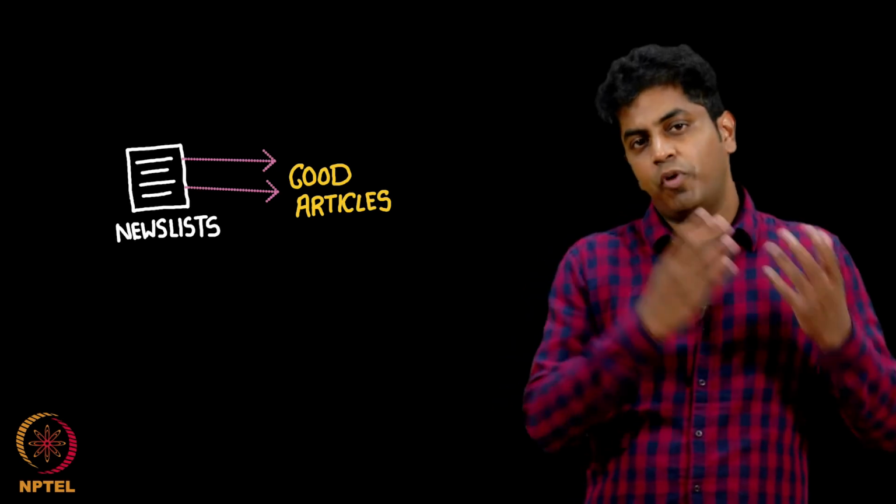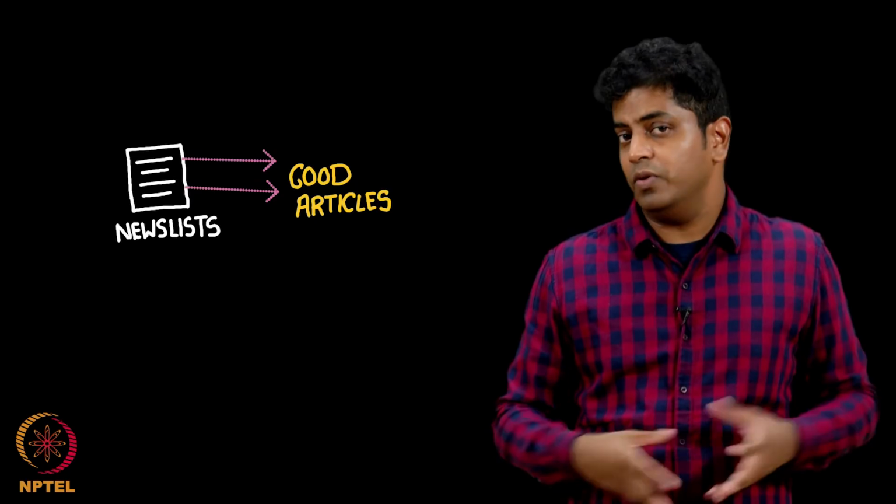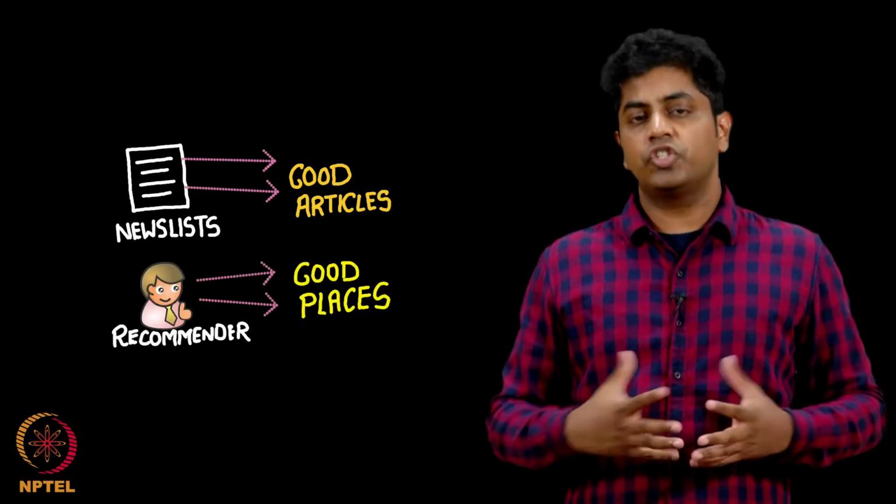Now how do you know an article is good or not? You would click on it, go there and see that it is good, and then you would say this news list is good because it points me to the right articles. Just like the Raj Ramesh example I gave you, right. So this was a way in which you could rate a bunch of pages which would point you to nice news articles, and that was the birth of this concept called hubs and authorities.